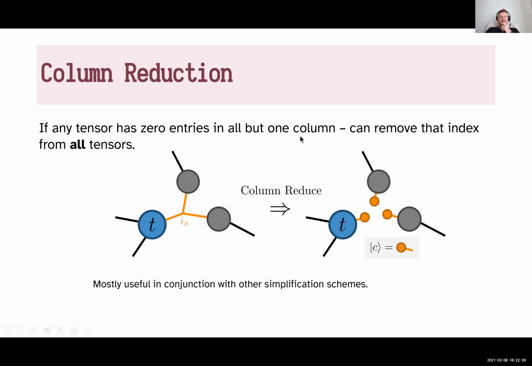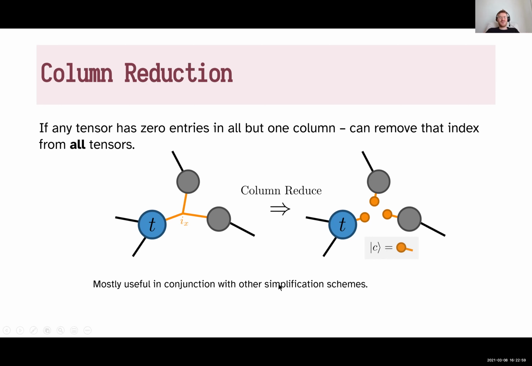And then this is super trivial. If there's only one value this index can take with respect to T because all of the other values are 0, then you can basically annihilate this index from the whole tensor network. You can introduce this basis vector tensor and absorb it into every tensor that shares this index.